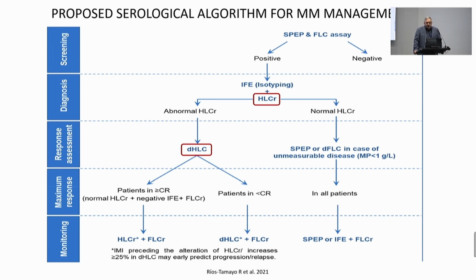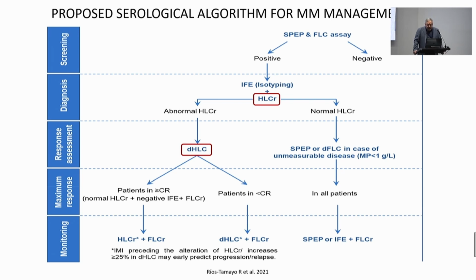Two years ago, we also had the opportunity to review the role of Hevylite in the management of multiple myeloma. We propose to integrate the Hevylite test with the conventional methods.